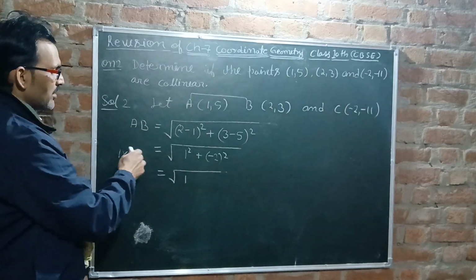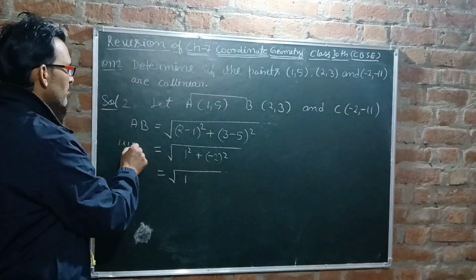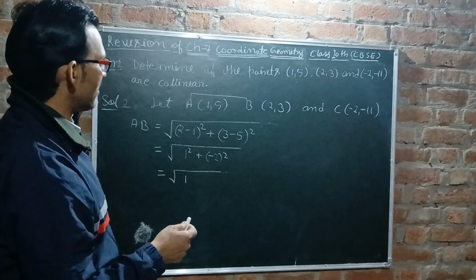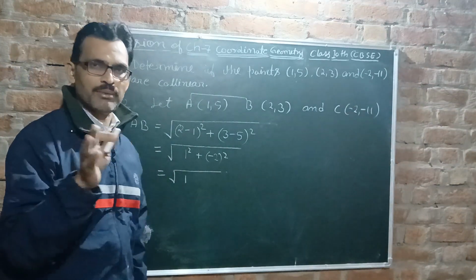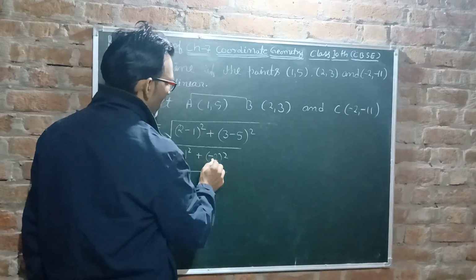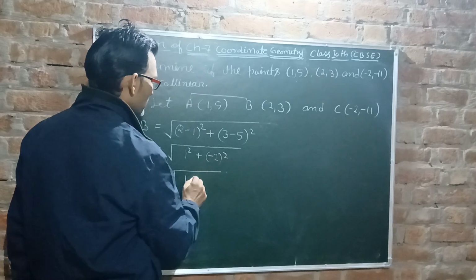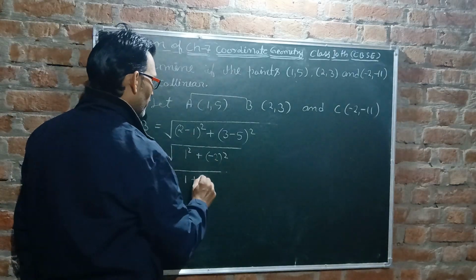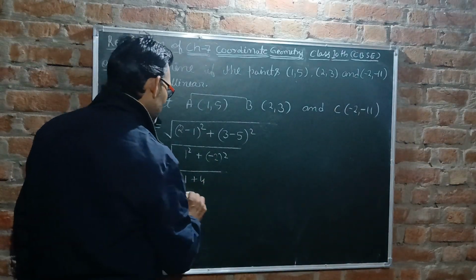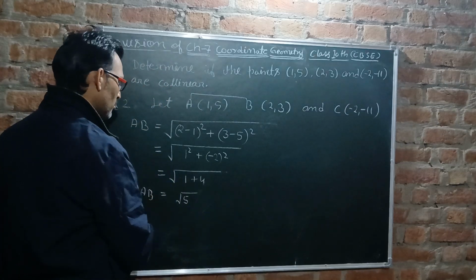If the power is 3, then you multiply 3 times, that is 1 into 1 into 1. If you multiply 1 any number of times, you will get the same answer, that is 1. So we write here 1 and minus 2 whole square. The minus gets multiplied 2 times; minus minus is plus, and 2 twos are 4. So you add these two, you will get root 5. So the value of AB is root 5.